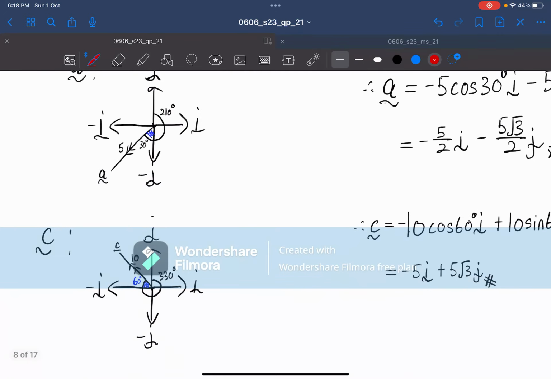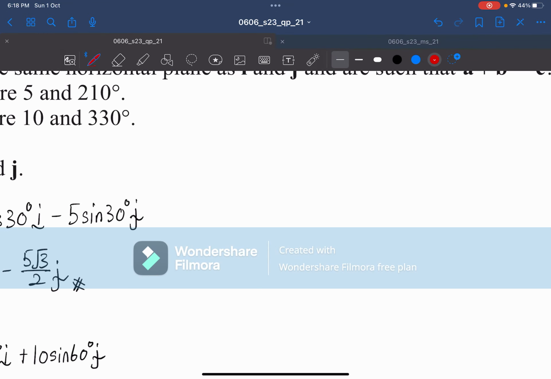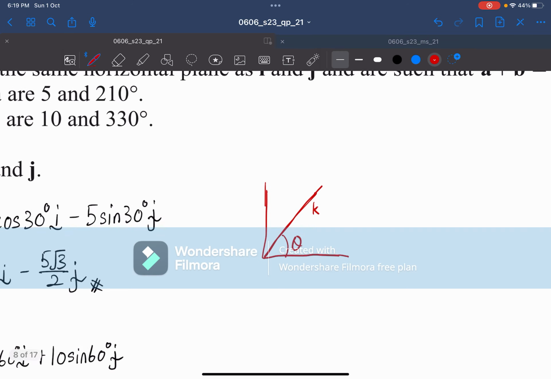And okay, if you don't know how to resolve vectors, real quick, let's say this is some magnitude k, this line. If you want to resolve it into two components, x and y components, horizontal and vertical components, this length right here, the horizontal component, is going to be k cos theta.